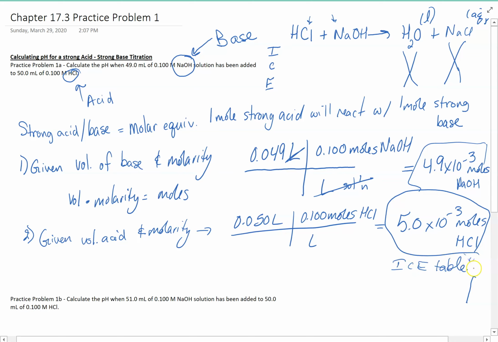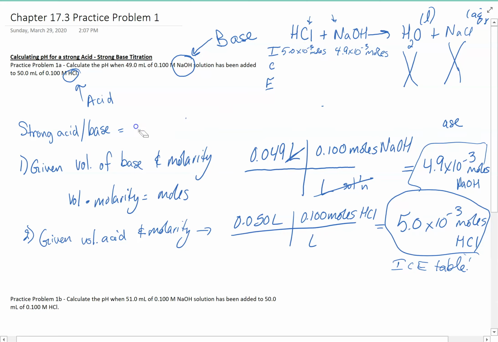And I'm going to do some fancy movement of stuff, aka I'm going to erase all of this, and I'm just going to put these values in my ice table. So before I erase, I will do that as long as nothing goes wrong. Moles. And this is 5.0 times 10 to the negative third moles. Okay, now I'm going to erase this stuff.